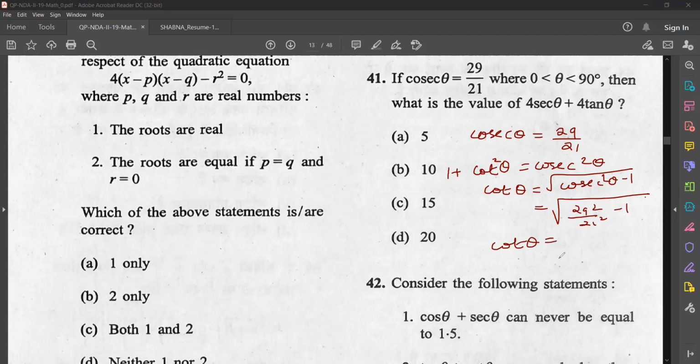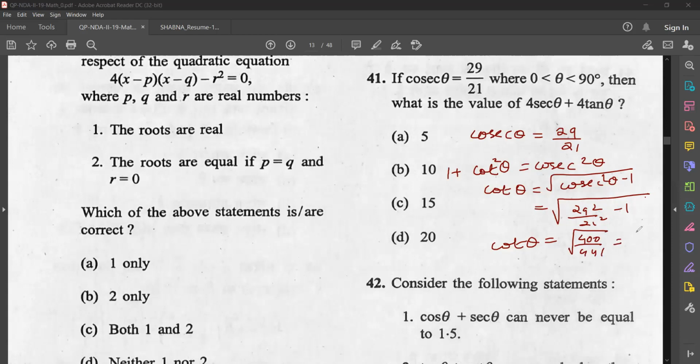So you'll get cot theta. Okay, just try what you get for cot theta. All of you do. So you'll get 29 square, that is 841, minus 21 square, that is 441. So when you subtract, you'll get 400. So you root 400 by 441.